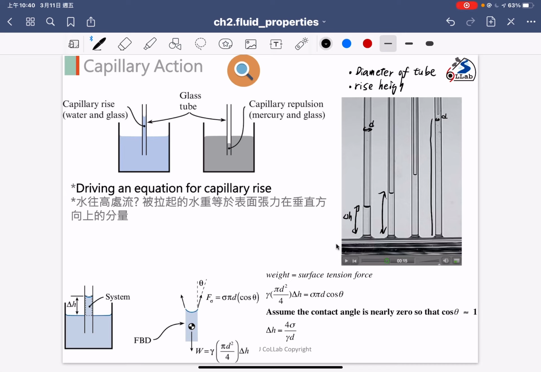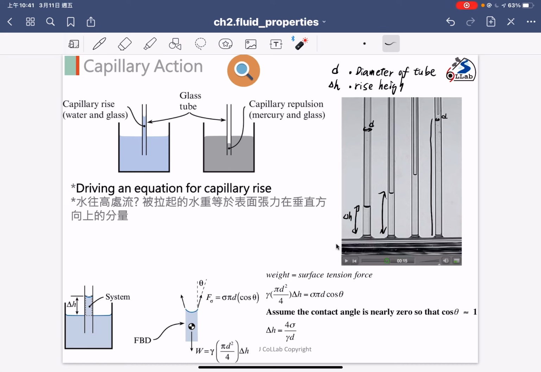So we would like to derive a formula to better understand the relationship between the diameter of the tube and the rise height. This is our D, and we have the delta H. Like the bottom figure, we know the rising height is delta H, and this is the water, the liquid.